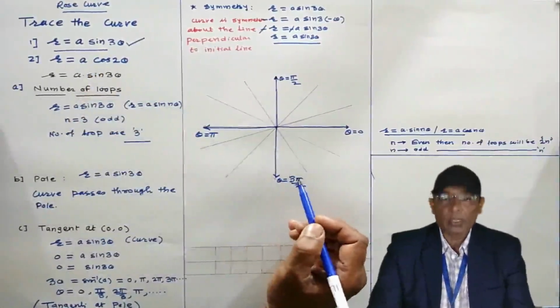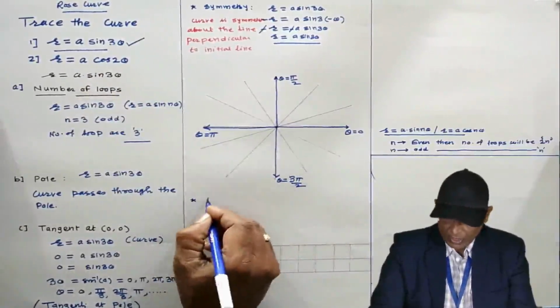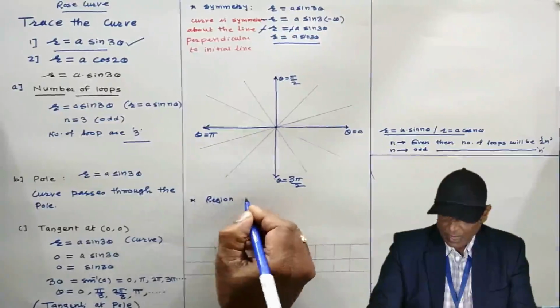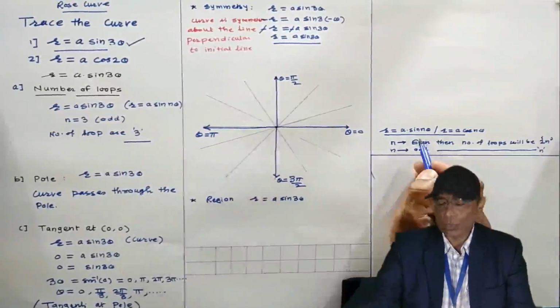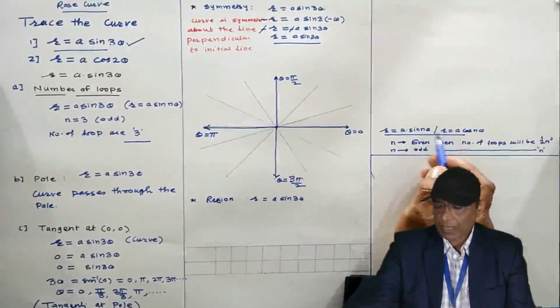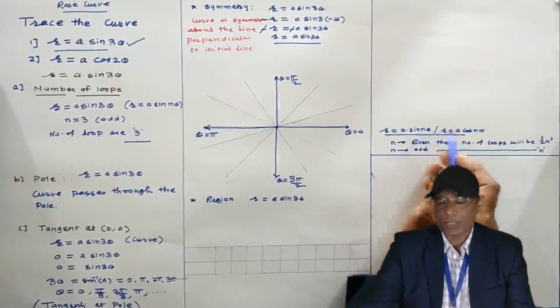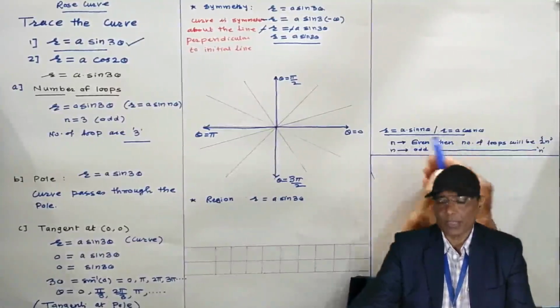Now, how to find the region of the curve? In which region does the curve lie? Say r equals a sin 3 theta. Two types of rose curve we are going to study, and if you look at these two equations, we have the periodic functions sin and cos only.